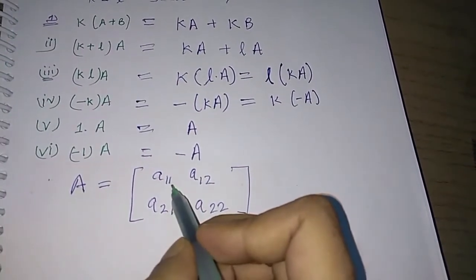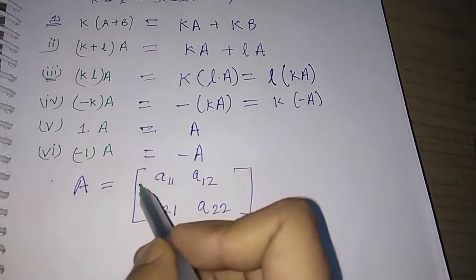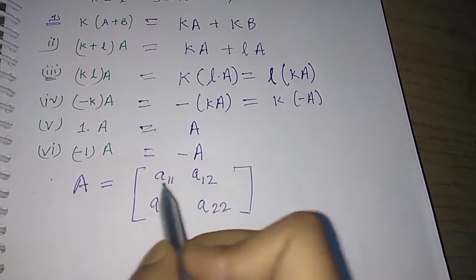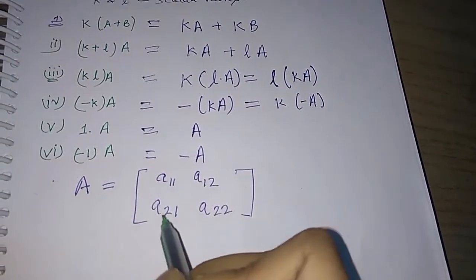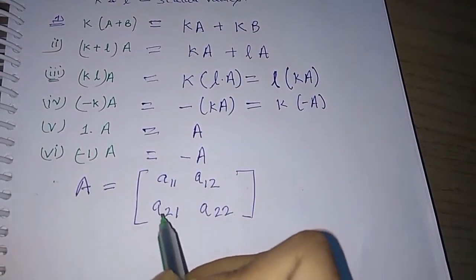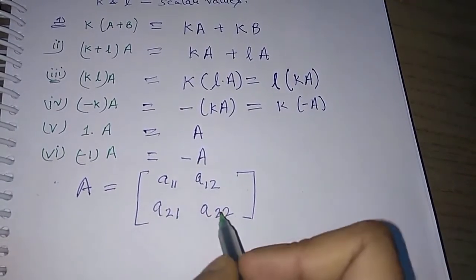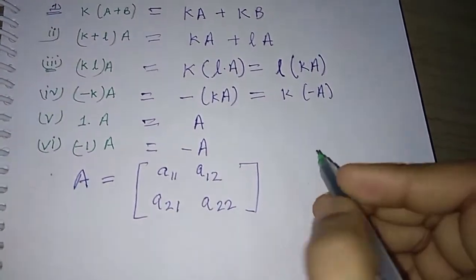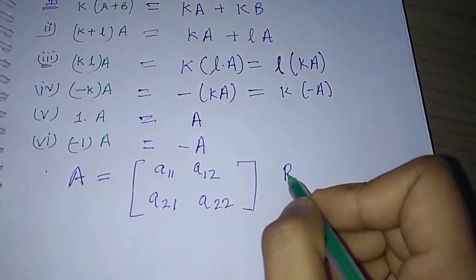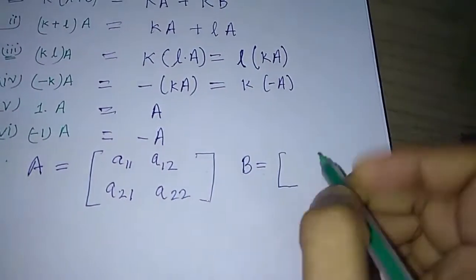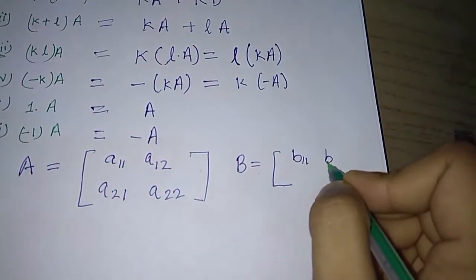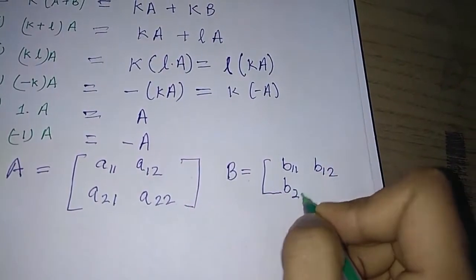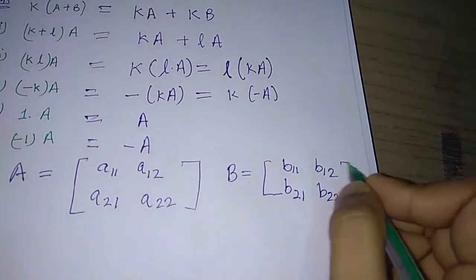Here 11 represents the first element of the first row and first column. 12 represents the element of the first row and second column. 21 represents the element of the second row, first column, and 22 represents the element of the second row and second column. Okay, let's assume a second matrix B where the elements are B11, B12, B21 and B22.